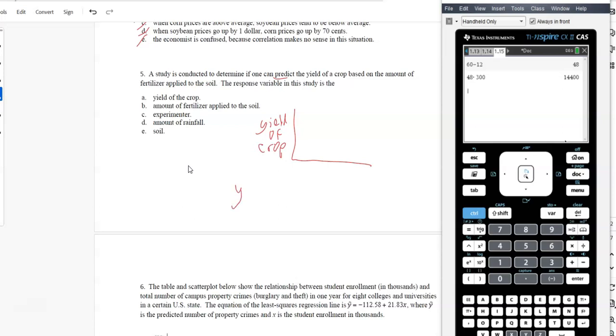Remember we have that equation y hat equals a plus bx, right? We predict the y value, so yield of crop is being predicted, and the response variable is called the y variable, so it's got to be yield of crop. If you want to know what goes down here, that would be amount of fertilizer applied to the soil, as it says there, based on the amount of fertilizer applied to the soil.